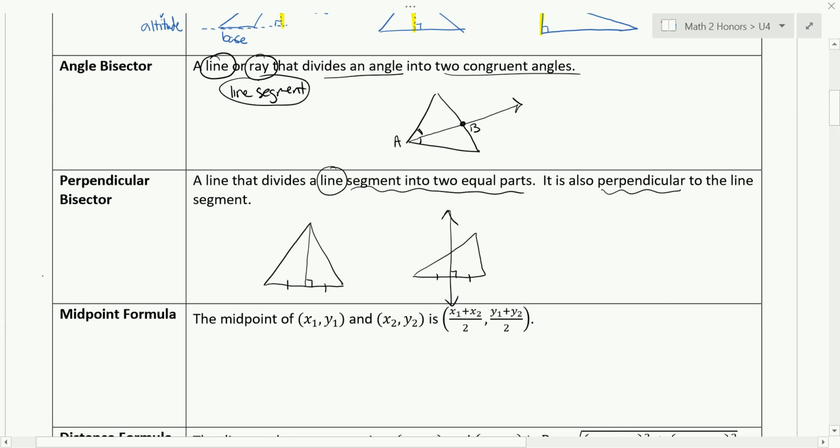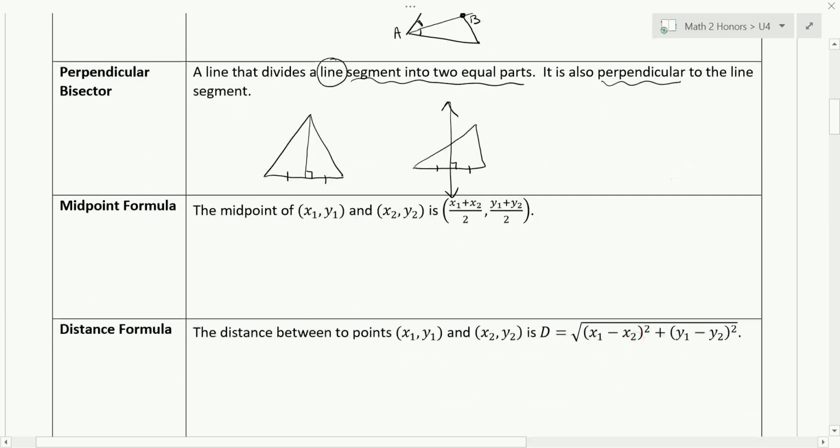The rest of the stuff is going to be you working with these definitions. I have, again, the midpoint formula here. You guys used that on the last homework, but I just want to mention a couple things about it. First of all, midpoint, you have 2 points.